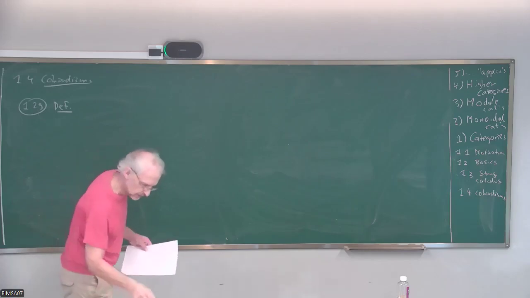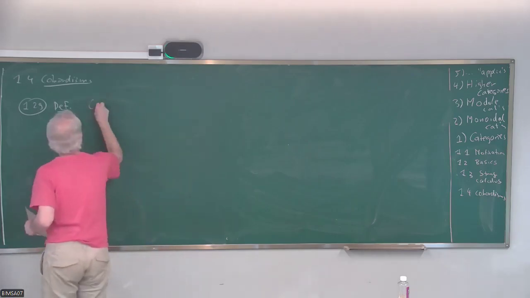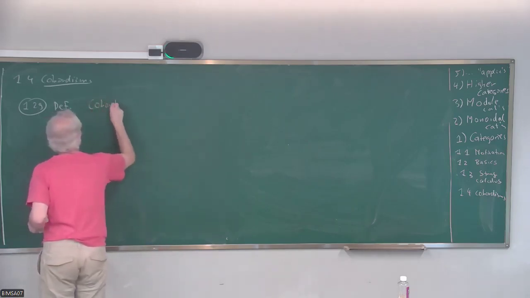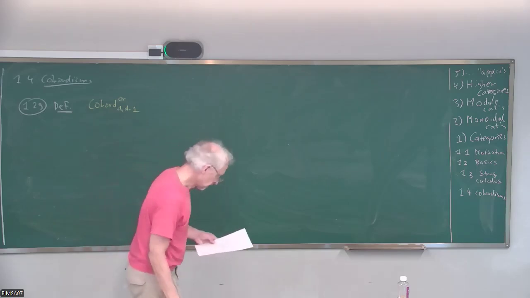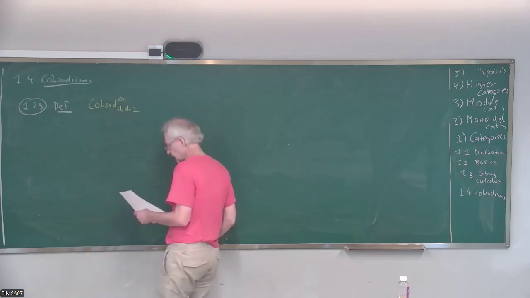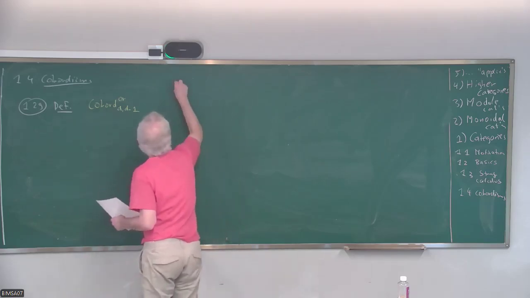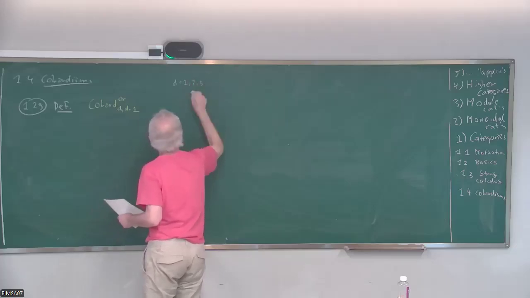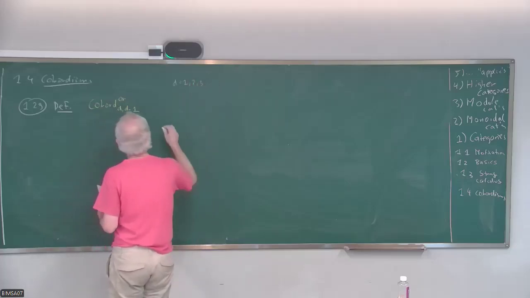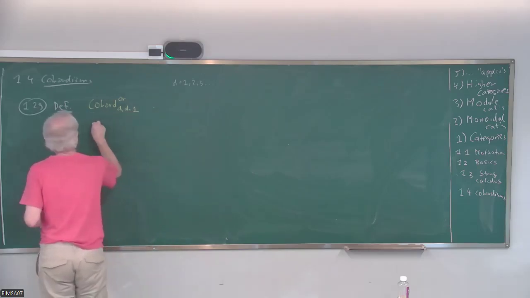We have a category. I already used the name for this, cobord oriented d, d-1, where d can be 1, that was our example, 2, 3, and so on. This is the following category.